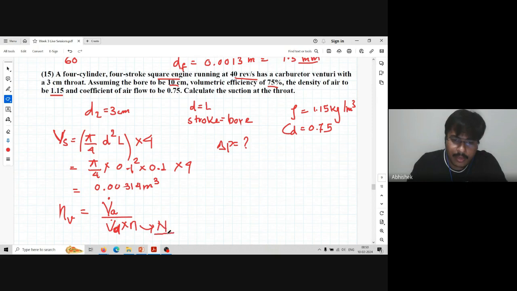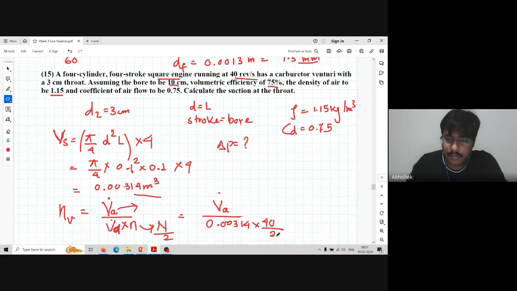How to calculate? N by 2 for 4-stroke. So you need to calculate V dot A by VD. VD we already have: 0.00314 into n by 2. How much is the 40 RPS? So 40 by 2 is equal to 20, and the efficiency is 0.75. Are you following it? Yes, sir.